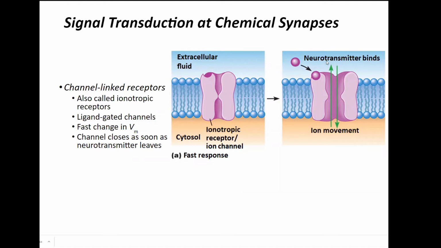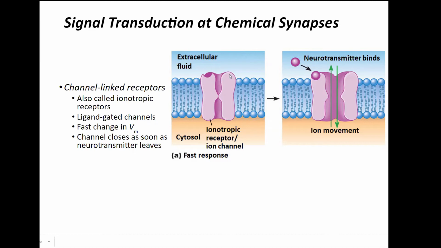In this case, our neurotransmitter would basically be our ligand. It binds onto a receptor that is itself an ion channel. So it is a receptor, but it's also an ion channel. What happens when this ligand, this neurotransmitter, binds onto this channel is that it opens, and then we just have the direct movement of ions through that channel.